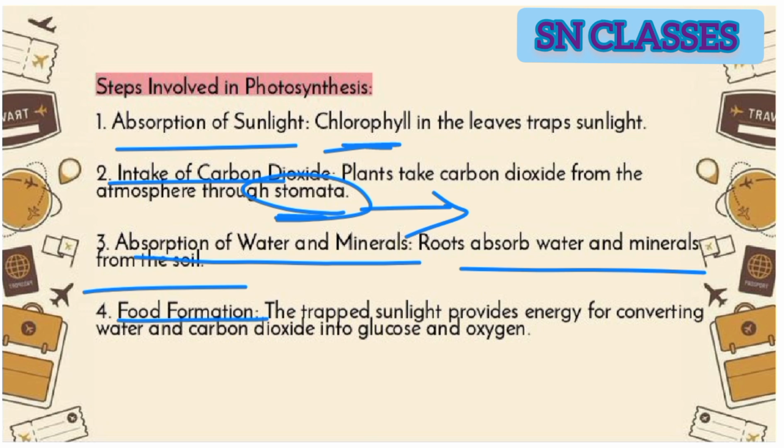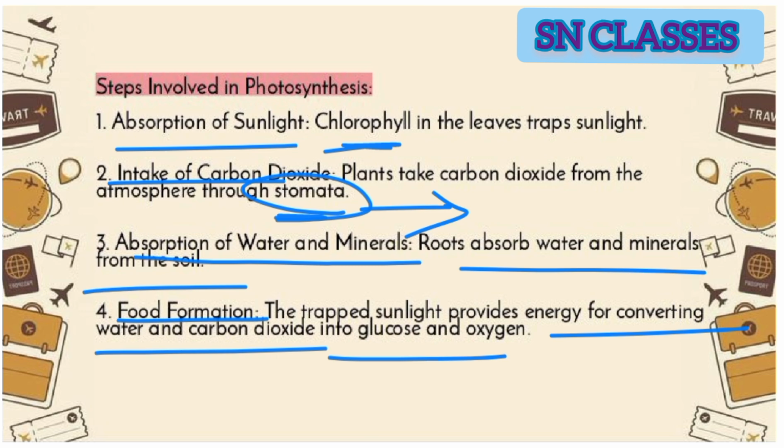So finally, after using all the above things, there is food formation. With the help of minerals, water, carbon dioxide and sunlight, the food formation goes on. The trapped sunlight provides the energy for converting the water and carbon dioxide into glucose and oxygen.